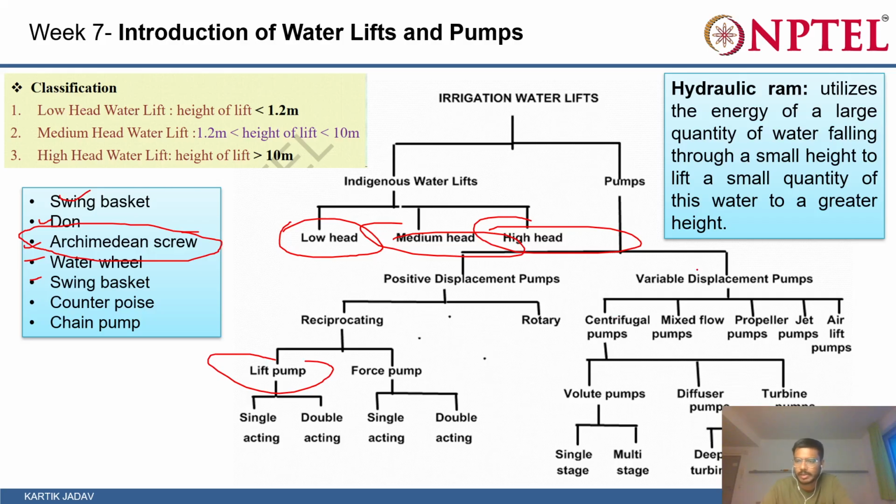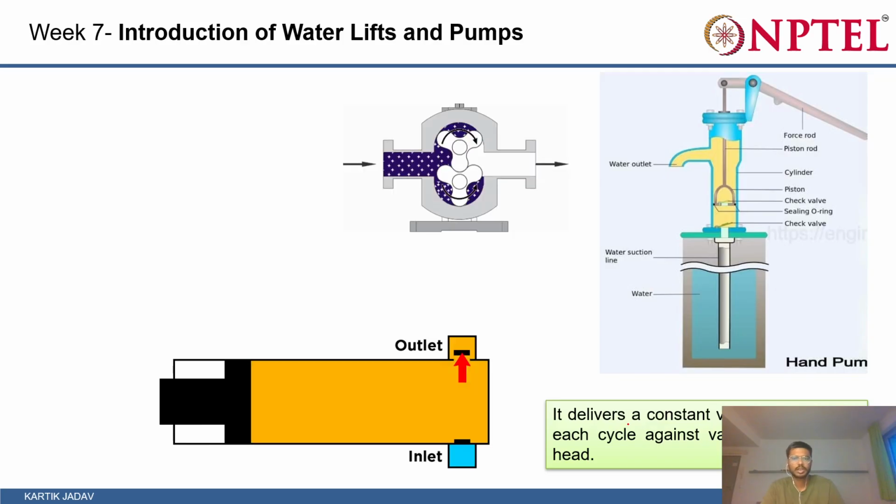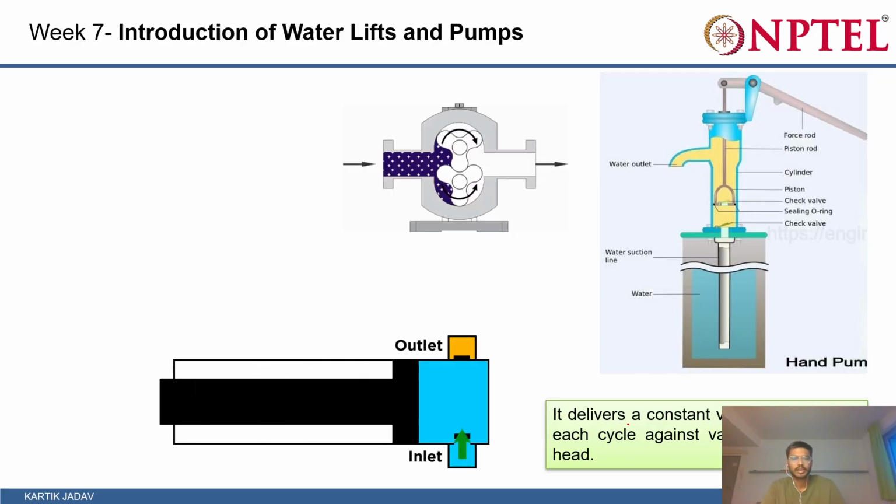While in the case of variable displacement pumps, we have the centrifugal pump, mixed flow pump, propeller pump, and jet pumps. Among these, the centrifugal pump is the most common in the irrigation sector, and it is classified as volute pumps, diffuser pumps, and turbine pumps. Okay, so these are the different kinds of pumps.